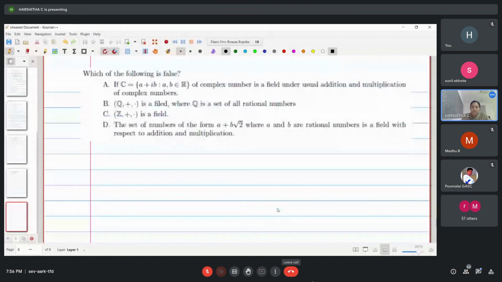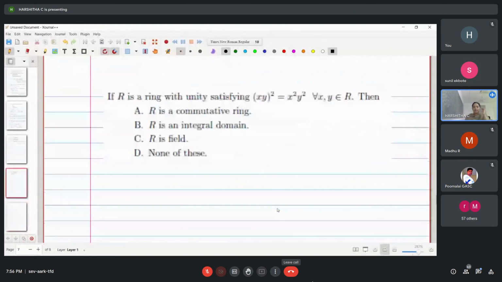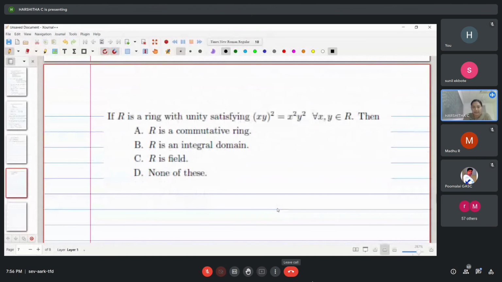So, if R is a ring with unity satisfying (xy)^2 = x^2 y^2 for every x and y in R, then is R a commutative ring? Is it an integral domain? Is it a field?